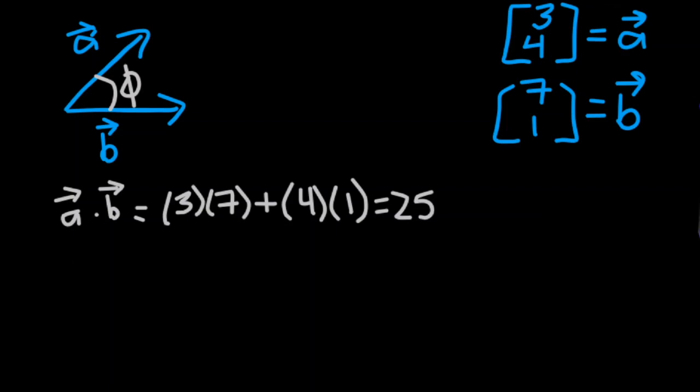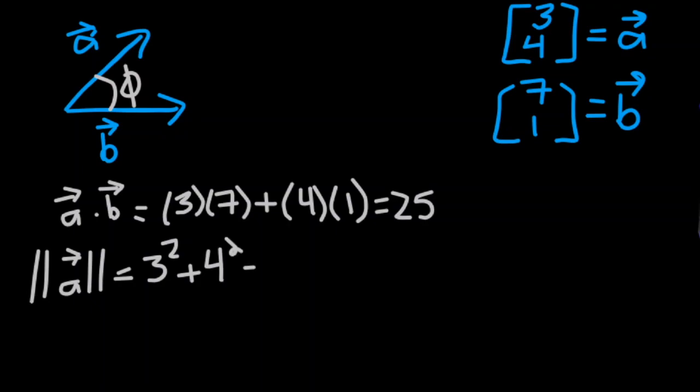Next, we have to find the magnitude of both vectors. So we can go ahead and find the magnitude of vector A, which is shown by the double bars on both sides. So the way we find this is 3 squared plus 4 squared equals the magnitude squared, which is 25. So what we have to do is square root 25, and then that equals 5.